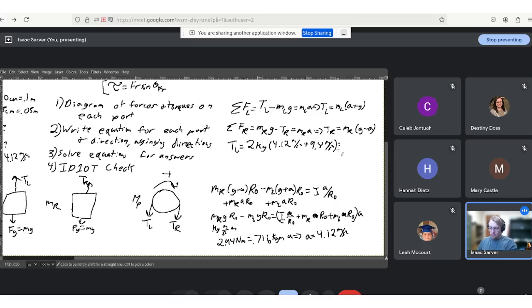Calculator, this value: 2 times 4.12 plus 9.8, 27.8 newtons.